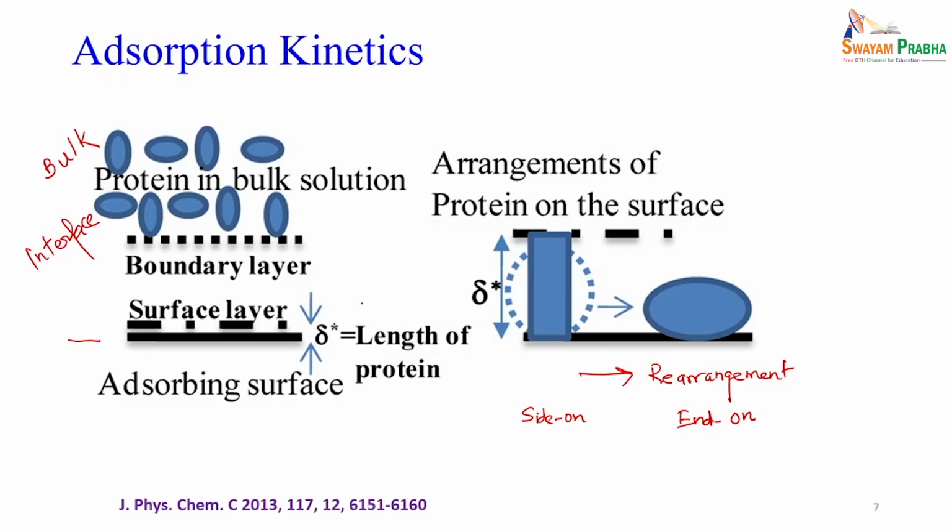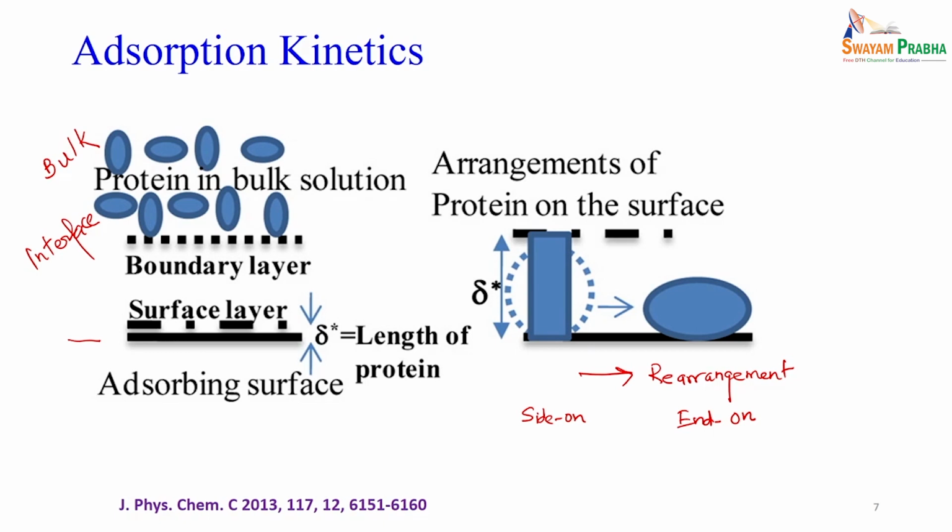And this surface layer thickness is typically equivalent to the size of the protein, so it varies in the few nanometer range. So, the protein molecules are there in the bulk, they come near the interface, then they cross the interface. If they are crossing the interface, there will be a mass transfer resistance, you can say the film mass transfer resistance, and then there is again a rearrangement or reorientation.